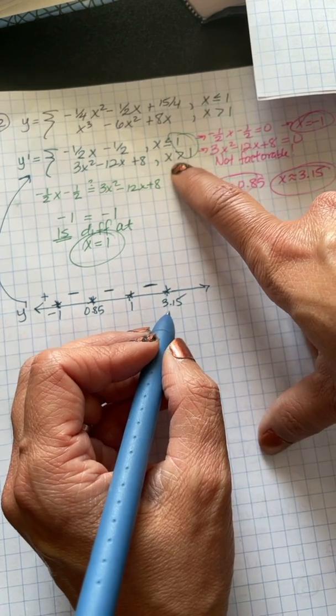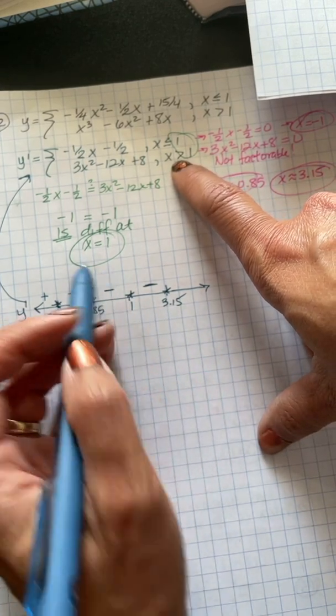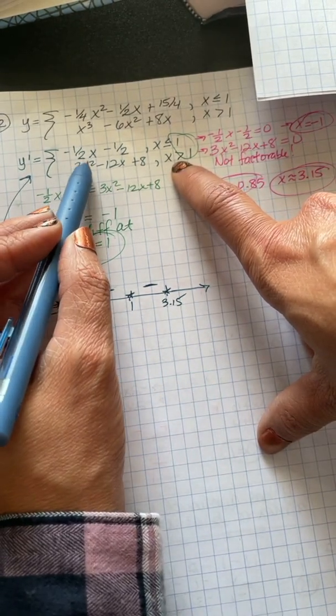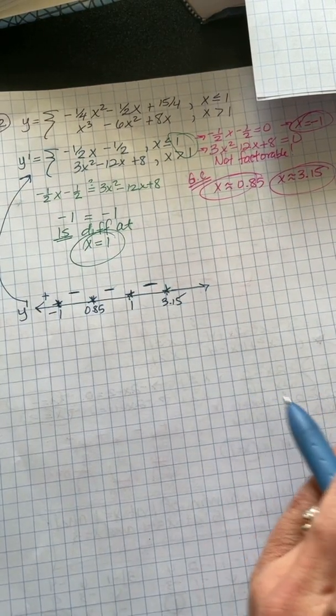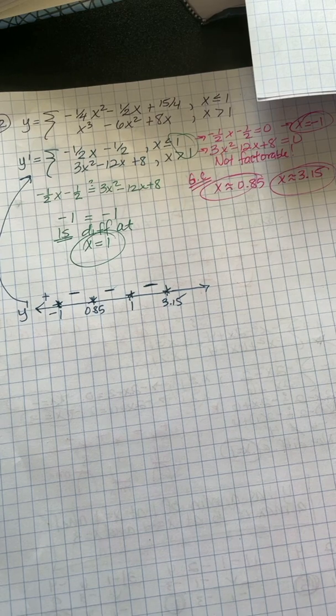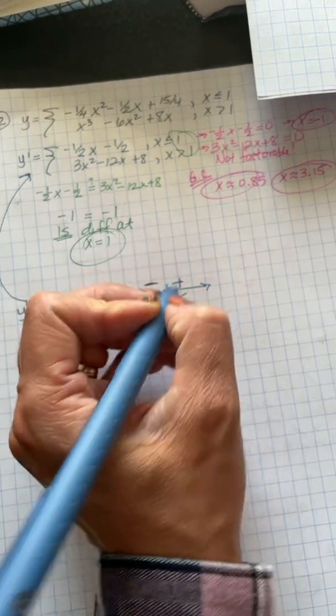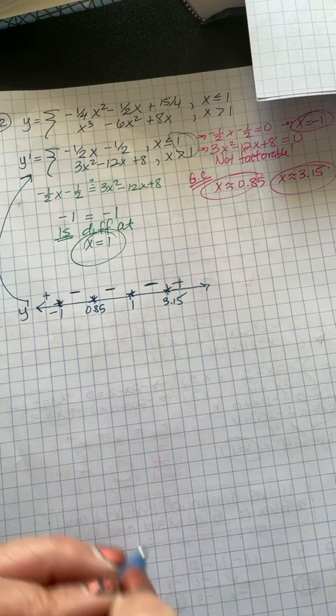You could plug in a 4 in that interval because 4 is greater than 1. 4 squared is 16. 16 times 3 is 48. Minus 12 times 4 is 48. So it's 0 and then 8. So it's positive. Okay. All right.